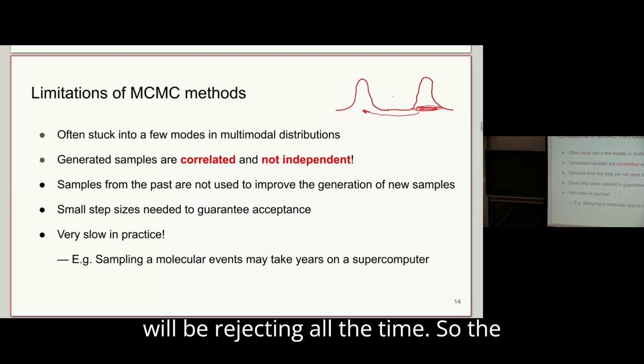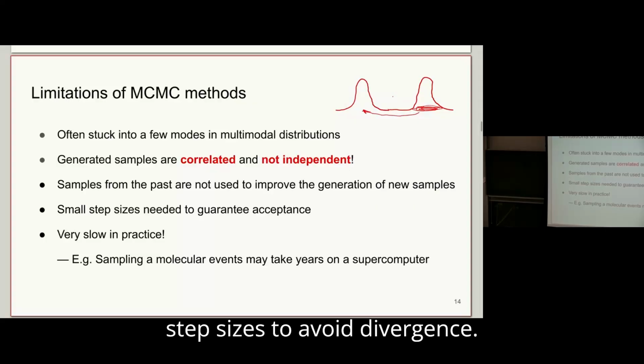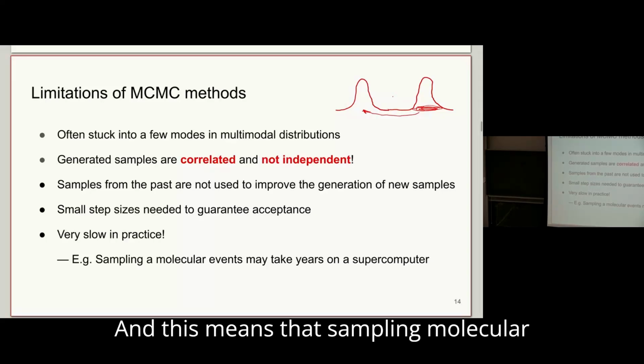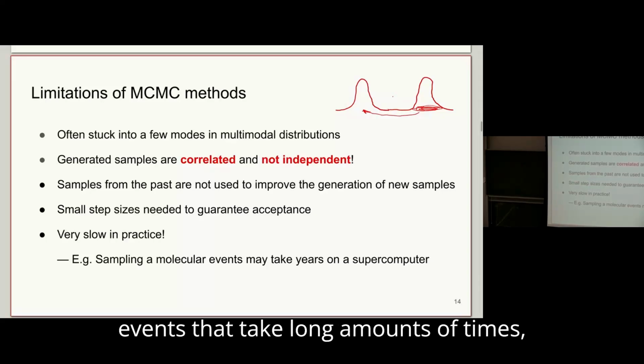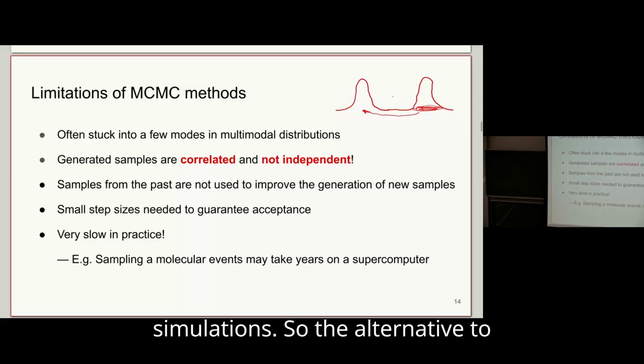So the way people run simulations of molecules in practice is by doing this Hamiltonian dynamics, but with super tiny step sizes to avoid divergence. And this means that sampling molecular events that take long amounts of time, you need a lot of compute, and you need to run very long simulations.